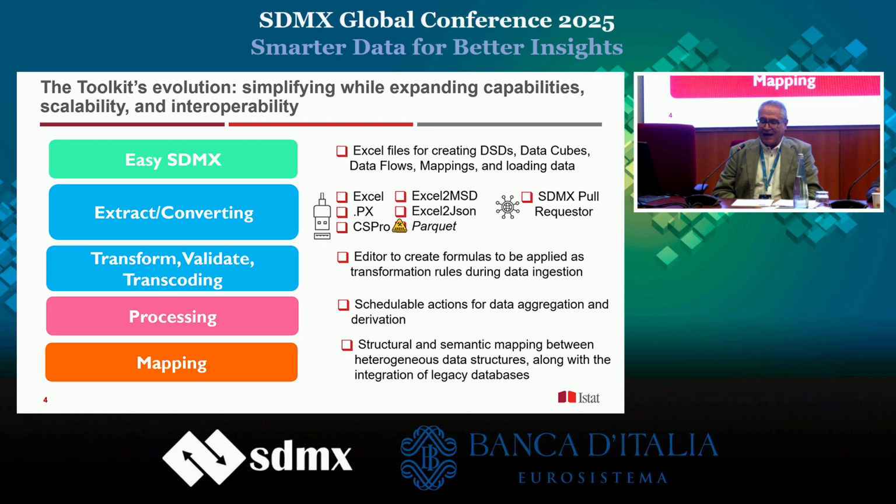These rules are then embedded into the ingestion process. Advanced processing features support aggregation and derivation of new variables. For example, it's possible to derive a new GDP per capita variable using GDP and population variables, even if they are stored in different data cubes.